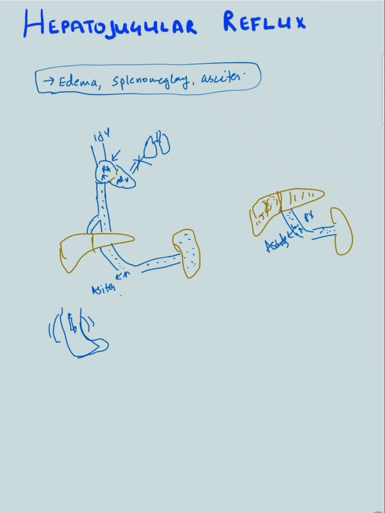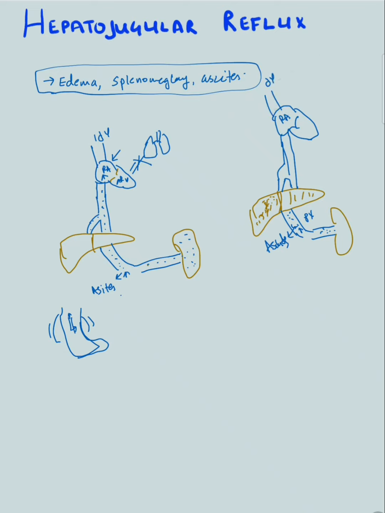But one thing that is important here that differentiates it from right heart failure: up to here, everything is really similar, but here we have the hepatic vein, and it's draining blood into the inferior vena cava. And this is the right atrium, and this is the jugular veins.